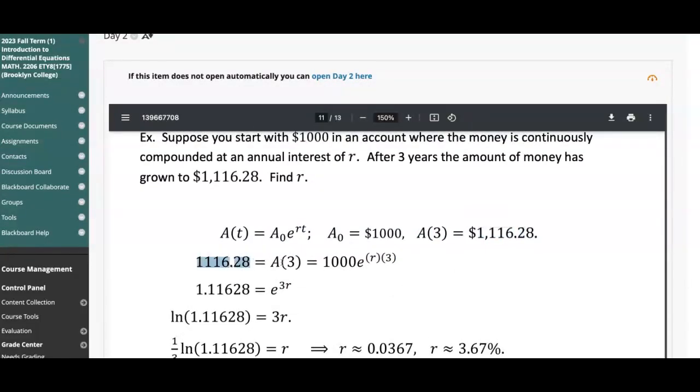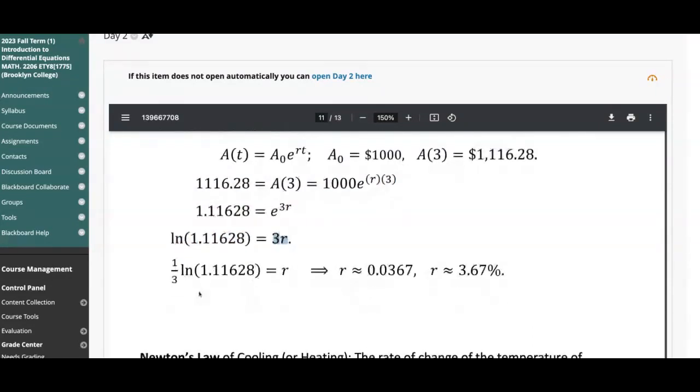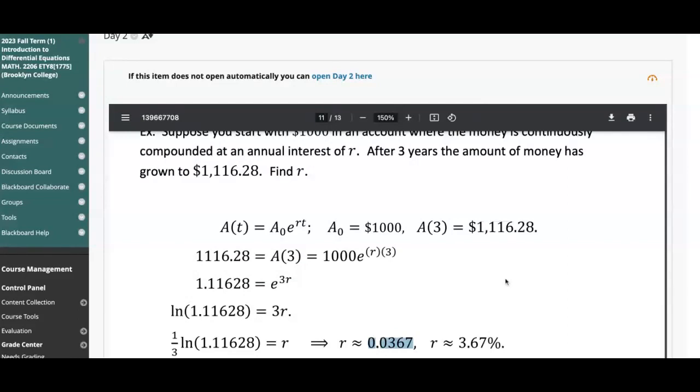So A of 3 equals 1,000 times e to the 3R. We take ln on both sides, so ln of this equals 3R, then divide by 3 on both sides. So R is approximately 3.67%. Any question?